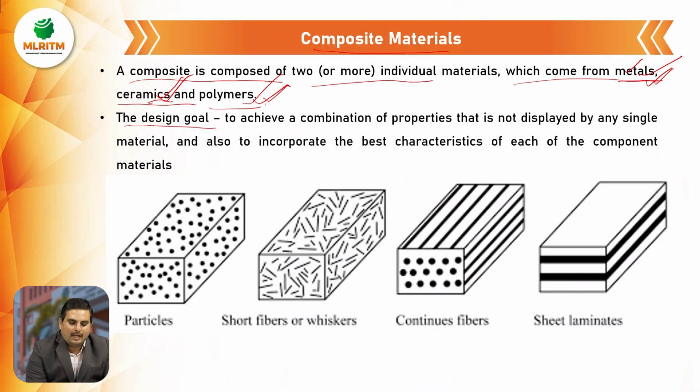Ceramics are high strength but low ductility, which means they are highly brittle. However, polymers are highly ductile materials, but they can sustain only up to a certain temperature, maybe not more than 300 degrees centigrade. Metals can sustain more than 500 degrees centigrade, while ceramics can sustain more than 1000 degrees centigrade.